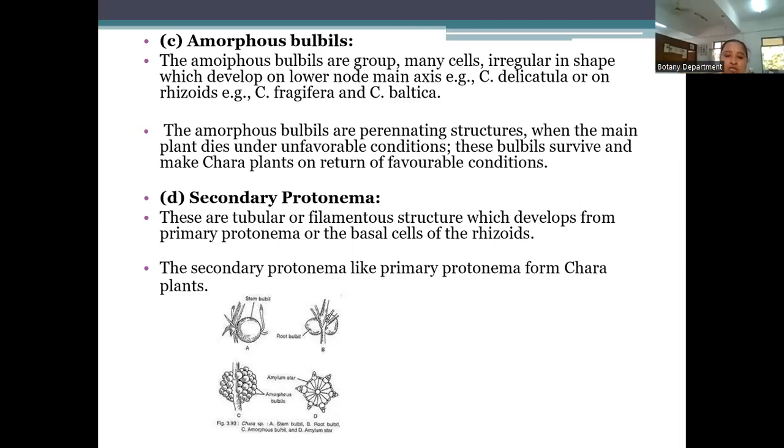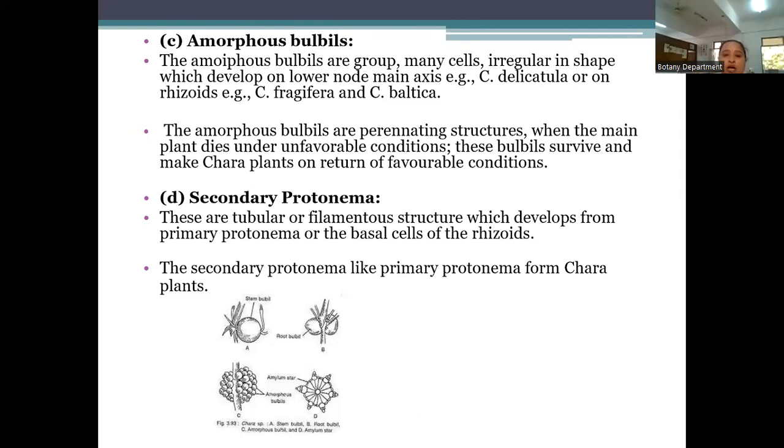Coming to the last one, secondary protonema. Very important this one also. Only in Chara can you observe this vegetative reproduction type, secondary protonema, and amylum starch. Both are the most important. Secondary protonema are developed from the node part. These outgrowths develop into a new plant when attached to the main plant.